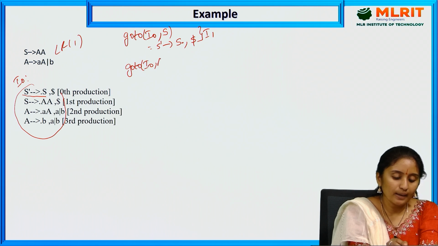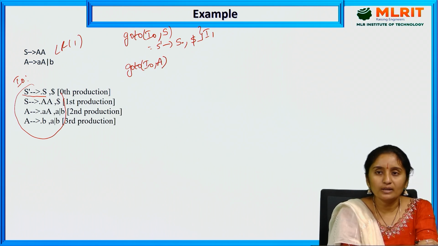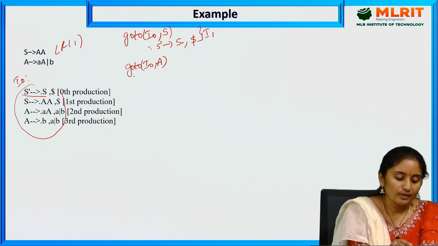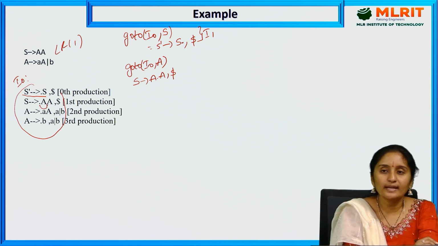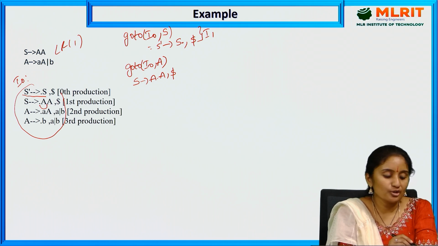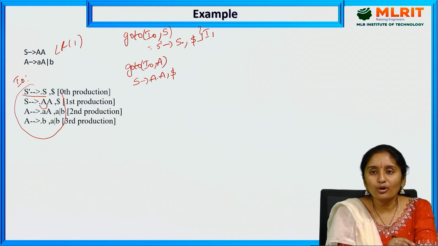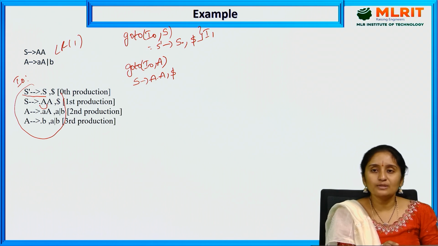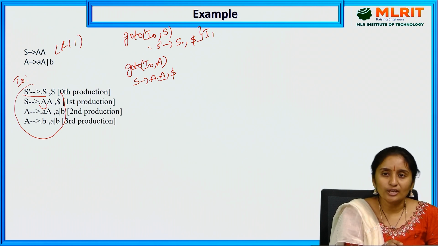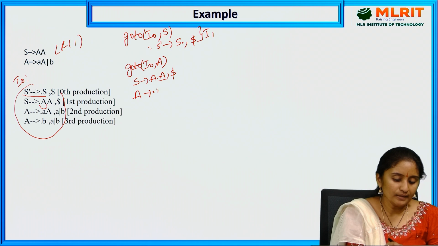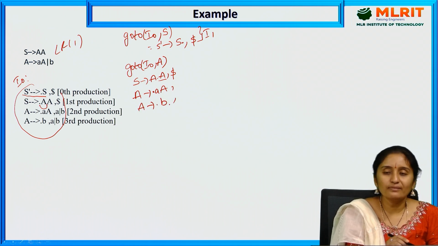Next, goto(I0, capital A). So we are going to have S tends to A dot A, comma dollar. The dot is moved to the next position. When I apply the goto function on a particular terminal or non-terminal, the dot moves to the next position. After the dot, A is a non-terminal, so we need to write this non-terminal's productions: A tends to dot aA, A tends to dot B. Now what are our look ahead symbols?